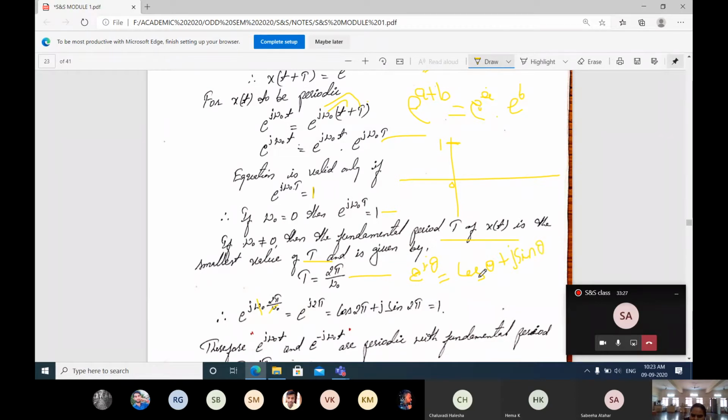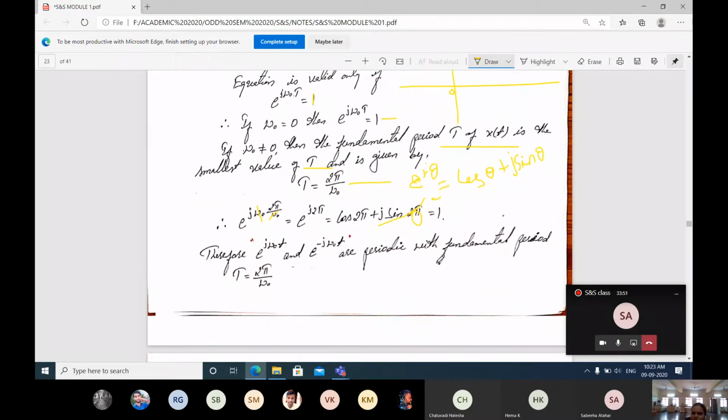Hope you all remember this equation. So instead of theta here it is 2 pi, cos 2 pi plus j sin 2 pi. What is cos 2 pi? It's going to be the value 1. Sin pi and sin 2 pi all have the value 0. For that reason this value is going to be 0. So I'll be left with cos 2 pi, and cos 2 pi is 1. Therefore from this equation I get 1 here and 1 here also.